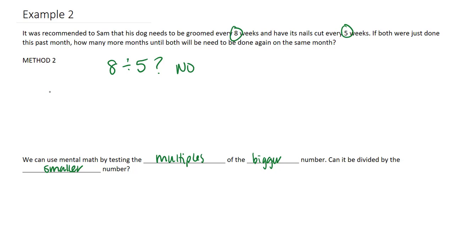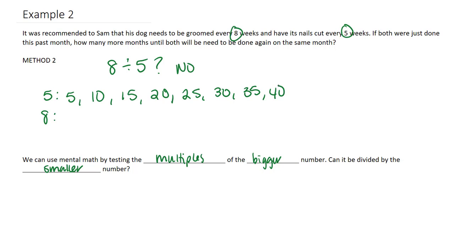So let's go ahead and do multiples for both of these by using the first method. So we do 5, 10, 15, 20, 25, 30, 35, 40. Now let's look at 8. We have 8, 16, 24, 32, and 40.